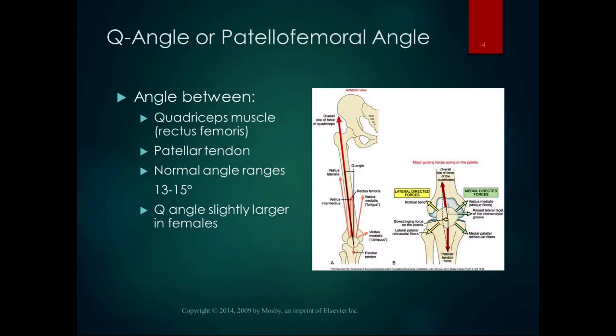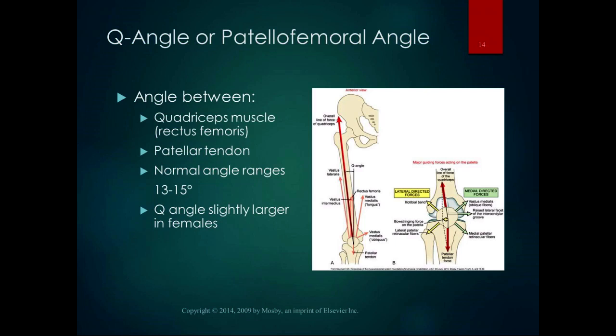Because of the way the shaft of the femur moves from lateral to medial, there's that little angle between the quadriceps muscle and the patellar tendon. For the normal angle, you'll see different things in different books. I've seen some books where it says 10 to 15. Our book says 13 to 15. So we'll just say around 15 or maybe a little less.